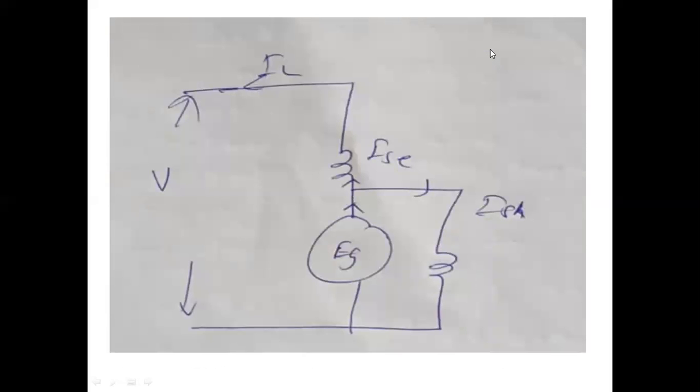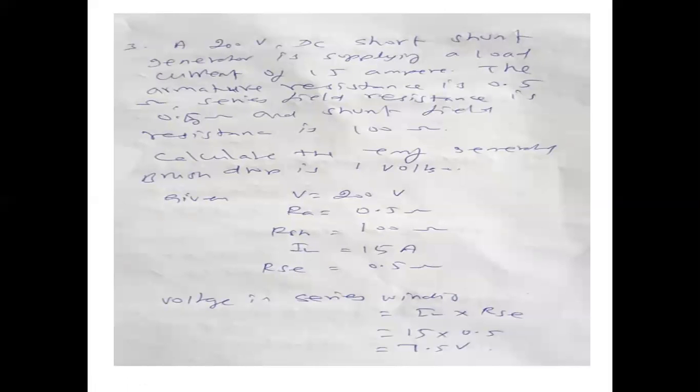This one is IL into Rsc, and the brush drop is given, right? So we have calculated the voltage drop in the series winding: IL into Rsc, where IL is 15 and Rsc is 0.5, so you get 7.5.